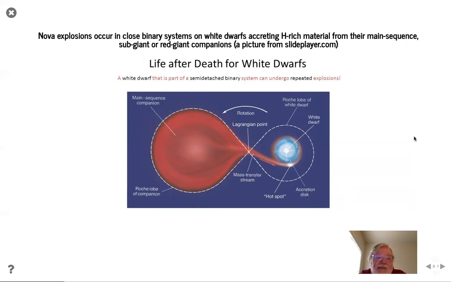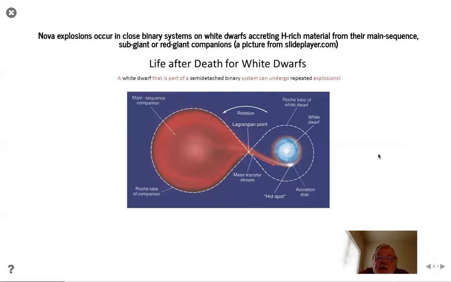So in many cases, instead of the evolution of a single star, we have the evolution of two stars in a binary system, because at solar metallicity, at least 50% of stars are members of binaries. At low metallicity, an even higher fraction of stars are in binaries and triple systems.